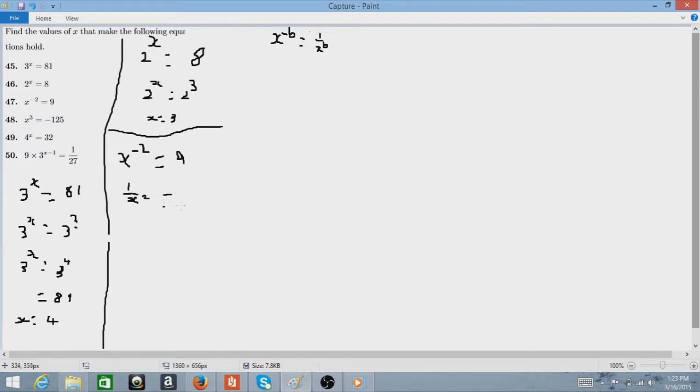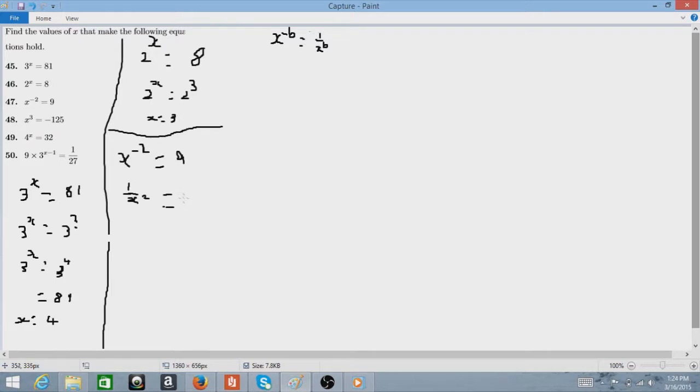Now, we must make the left side identical to the right side in order to find x. Therefore, the base x here and the indices minus 2 must be similar to this expression on the right. Therefore, I must find a value which, when raised to the minus 2 power, will give me x.